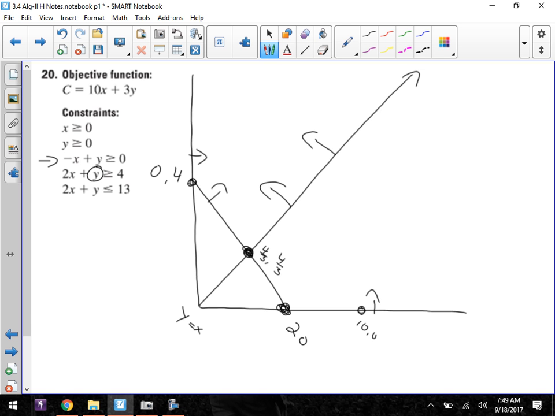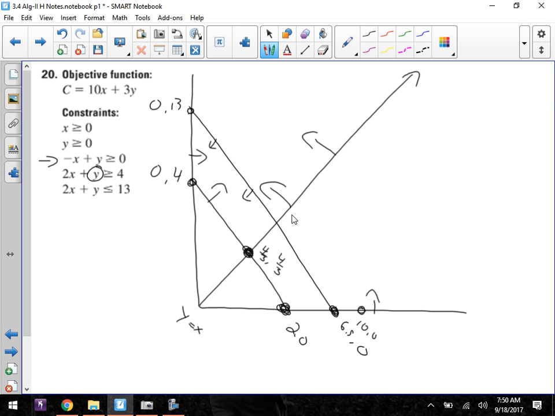All right. Do the next one with the quick graphs. You have an x-intercept of 13/2, otherwise known as 6.5, and y of 13. And 0 plus 0, that one's moving inward.